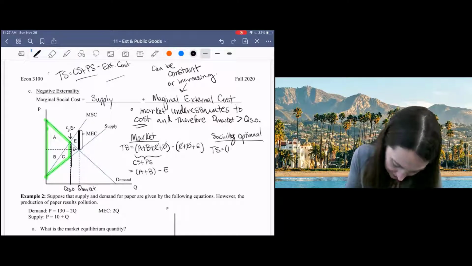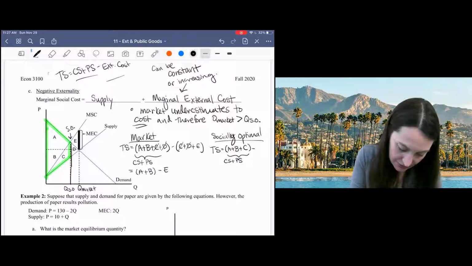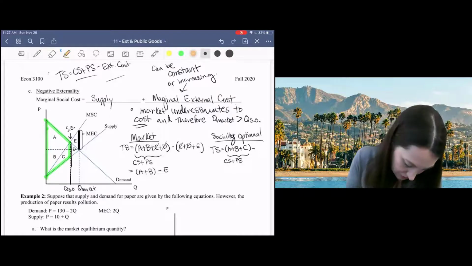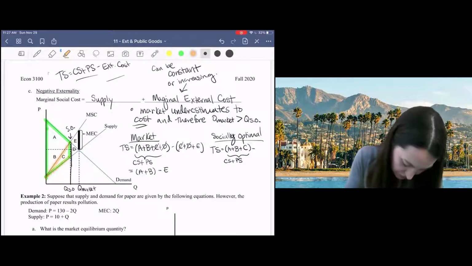So that's A plus B plus C. And then we need to subtract off the external cost, which is the area between marginal social cost curve and our supply curve.